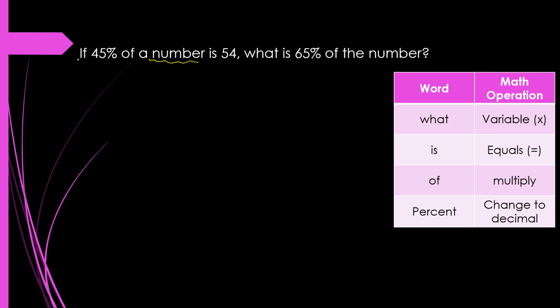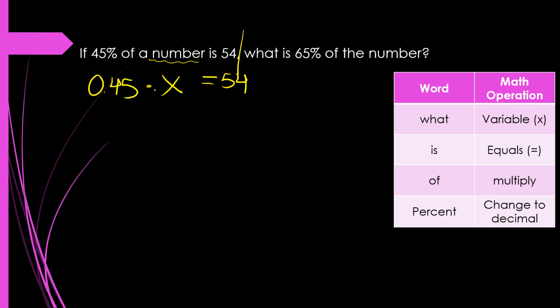So if 45%, so I have 0.45, of is multiplication, a number. I don't know what this number is, so I'm going to put an x here. Is equal, and I have 54. So that's it. I'm just going to solve this first part of my problem. Okay, this last part I'm not dealing with yet.